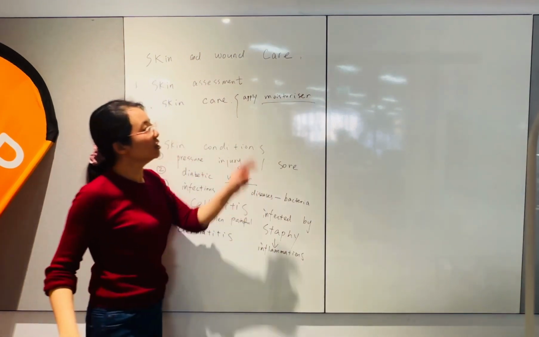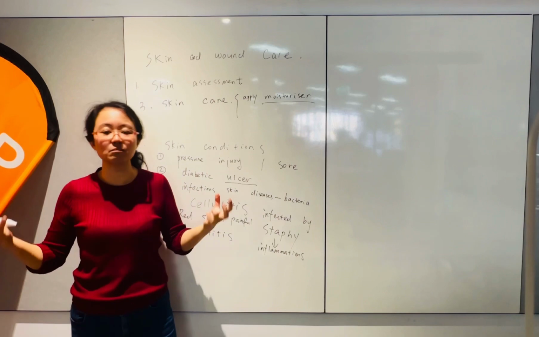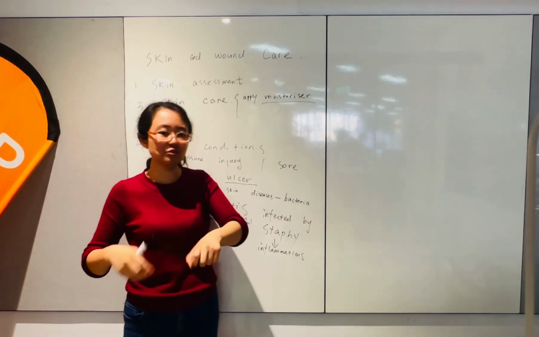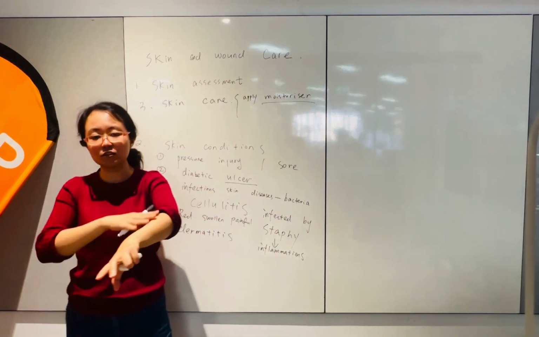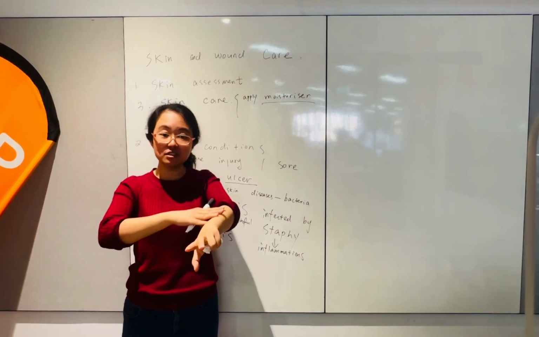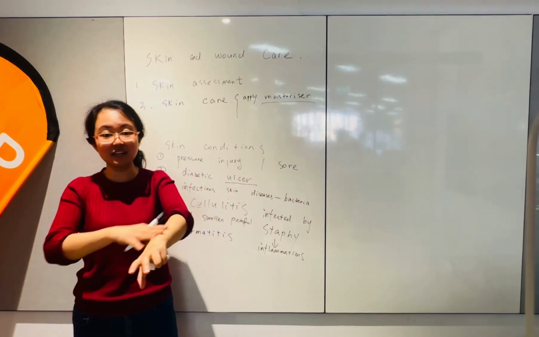Understand this word, moisturizer. Moisturizers are, for example, lotions and creams that can hydrate the skin. If you apply moisturizer on dry skin, it can hydrate it, increase humidity, and make the skin not too dry.